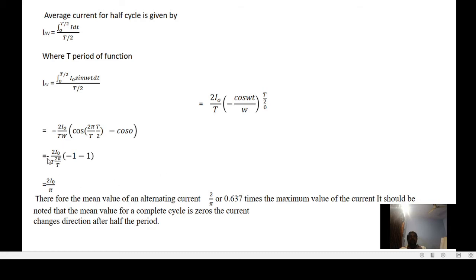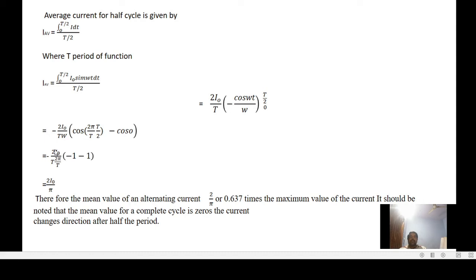Then this equation becomes minus 2 I naught by T into, we know the value of omega, 2 pi by T. Here the T gets cancelled, 2 gets cancelled, cos pi is minus 1, cos 0 is 1. Then this becomes 4 I naught by 2 pi.